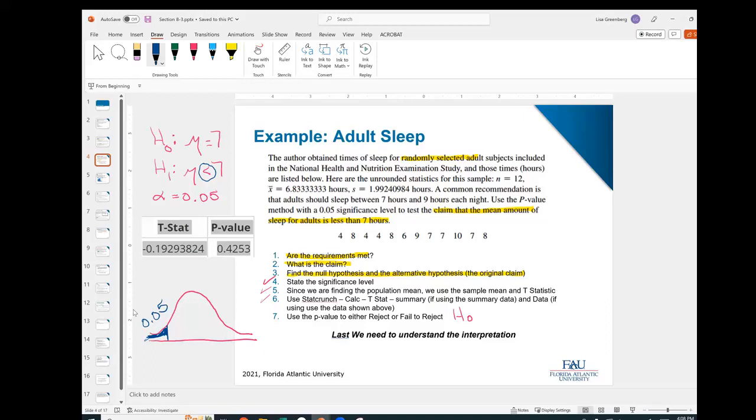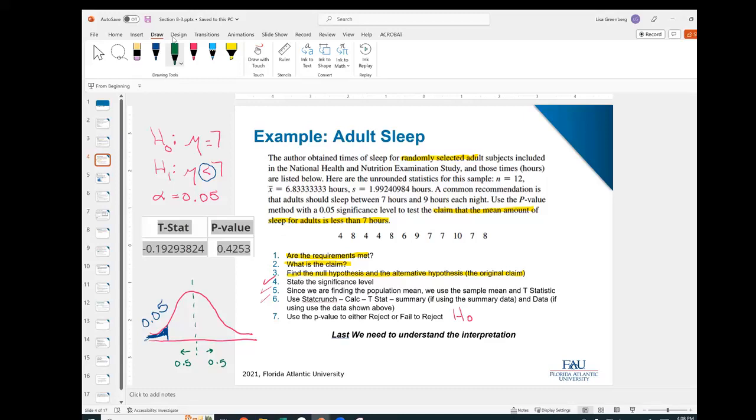And then obviously the rest is 1 minus that, or 0.95. Now my p-value is 0.4253, which is going to fall somewhere basically in the middle. All the area to the left is 0.5, and also to the right is 0.5. Okay, half is to the right, half is to the left.